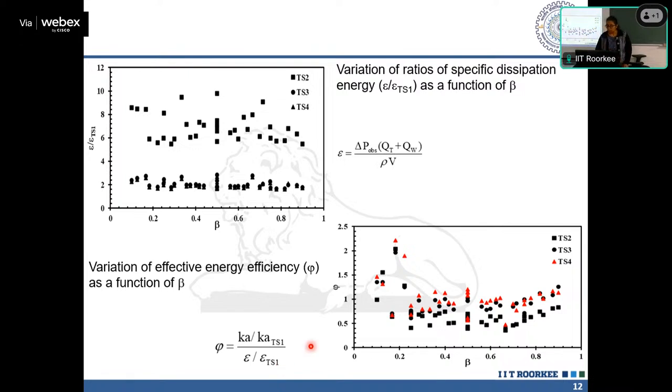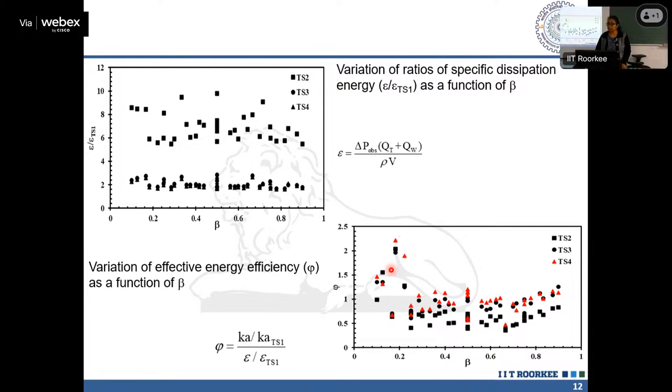In this analysis we observed that TS4 is the one giving you the highest, not TS2, because in TS2 the energy supplied is not fully utilized to enhance the mass transfer efficiency.